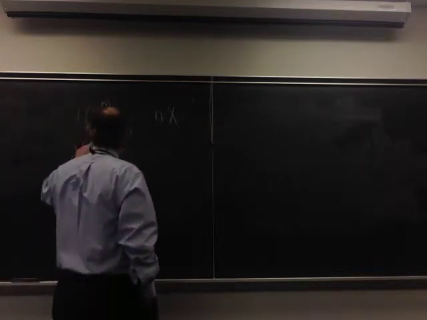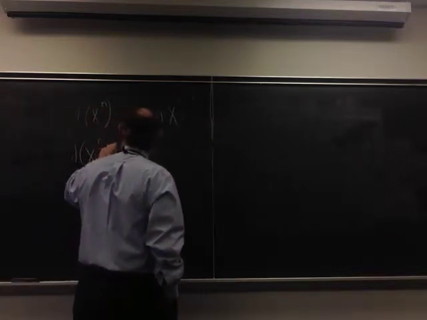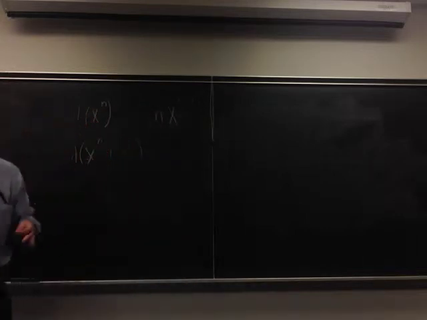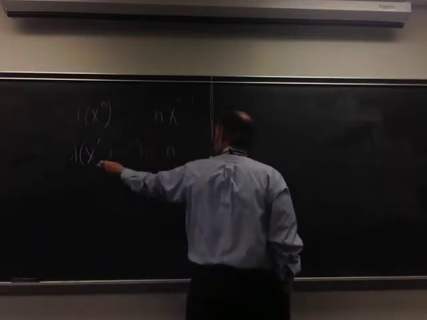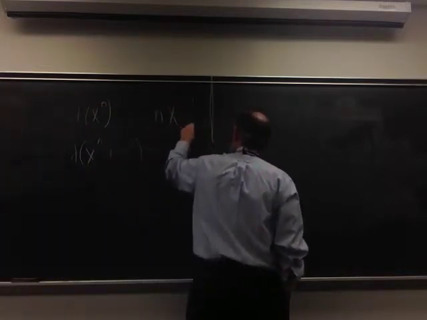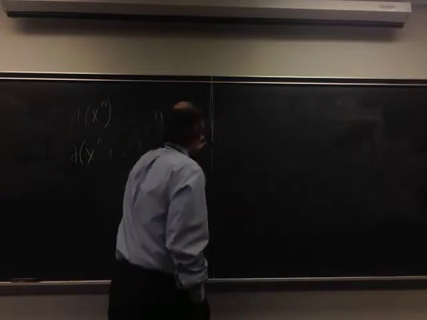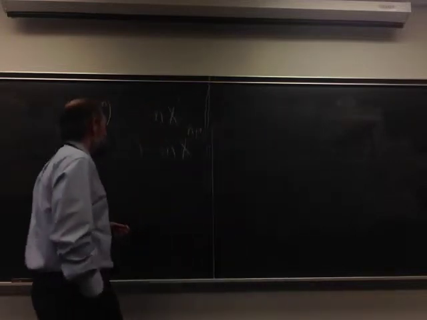So the derivative of x to the n plus c, and c is any constant, any number, is going to equal n times x to the n minus 1 plus 0.